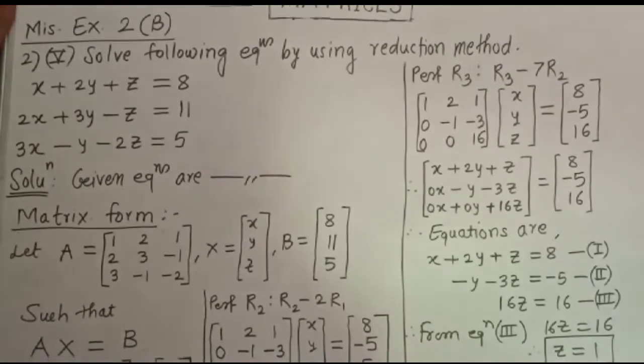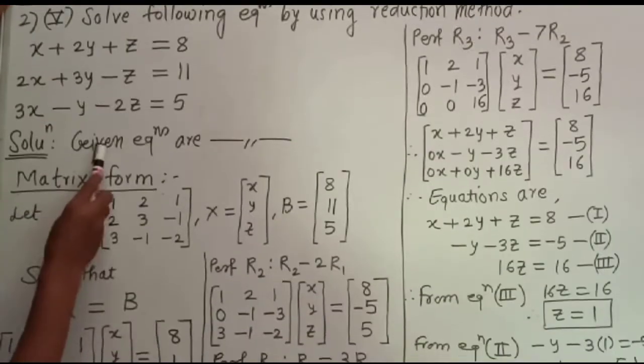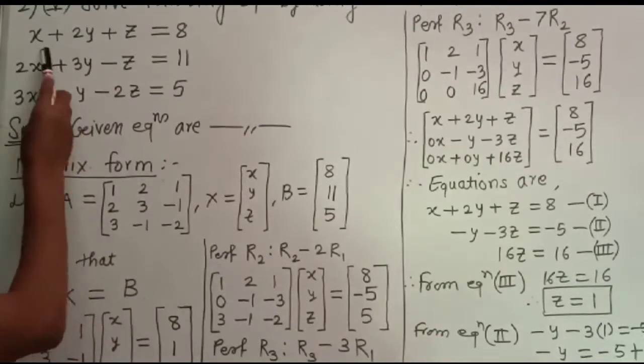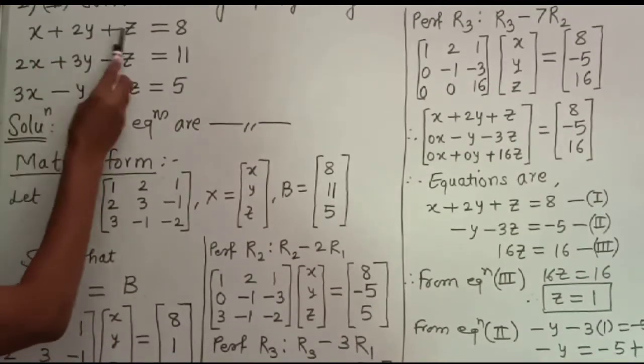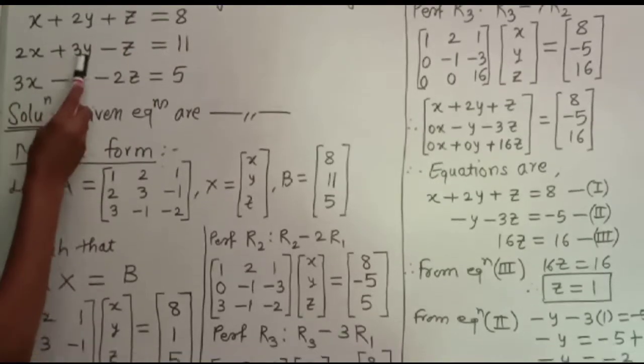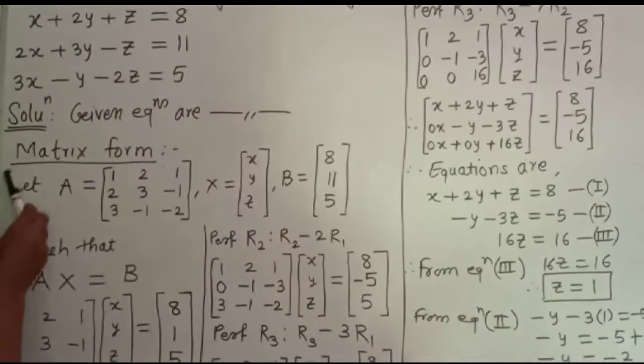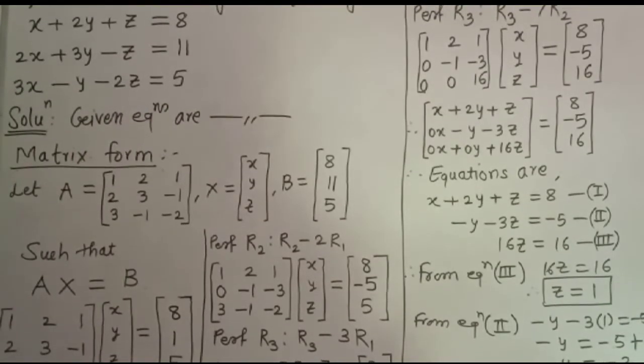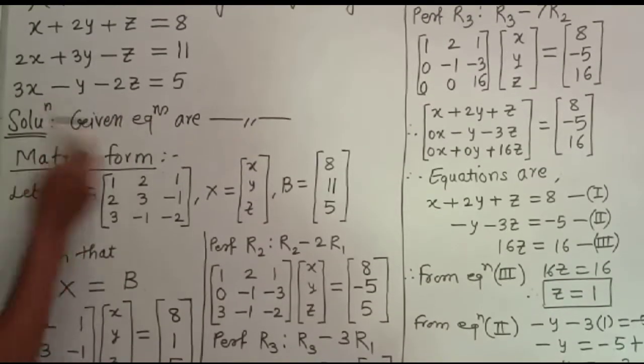So the solution is, first of all, the given equations are x plus 2y plus z is equal to 8, 2x plus 3y minus z is equal to 11, 3x minus y minus 2z is equal to 5. Now we write its matrix form.